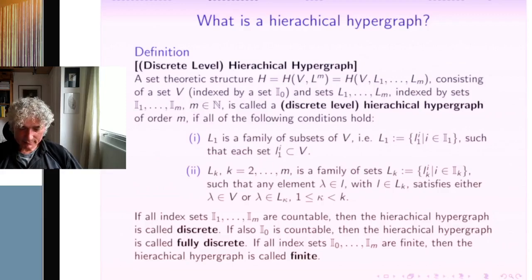So this is done in such a way that this set which is formed by small l can either contain elements from the lowest level, so lambda in V, or it can contain elements lambda which are elements of any lower level than k, so which are elements of L kappa, where kappa is strictly less than k.